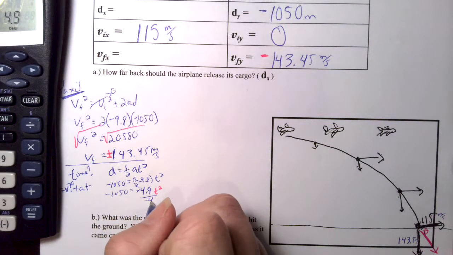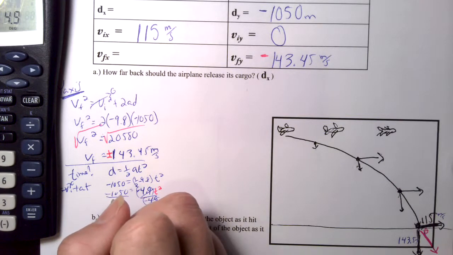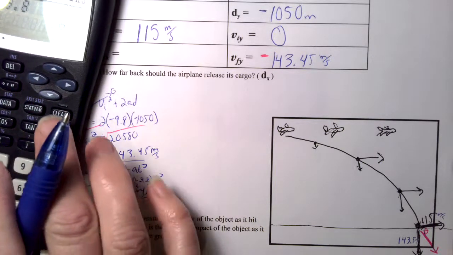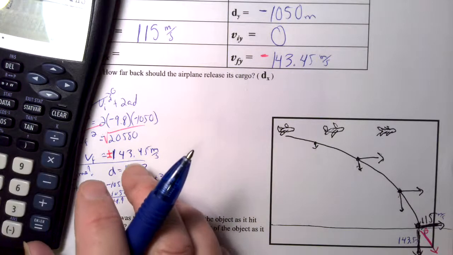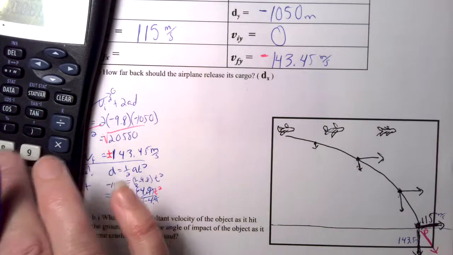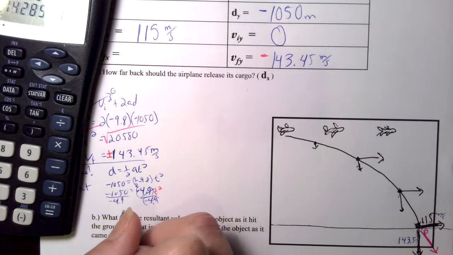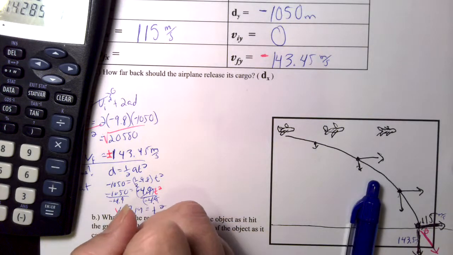Divide by negative 4.9 both sides. And the two negatives make a positive. So 1050 divided by 4.9, and then I have to square root it because that's 214.3 equals t squared. Square root both sides.